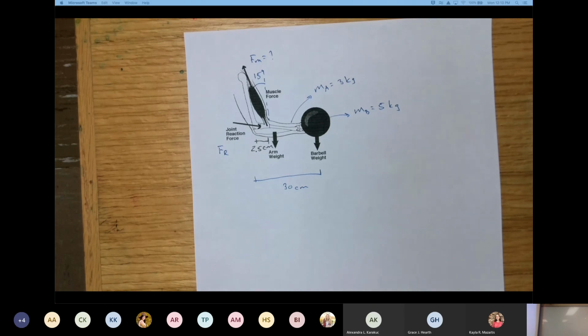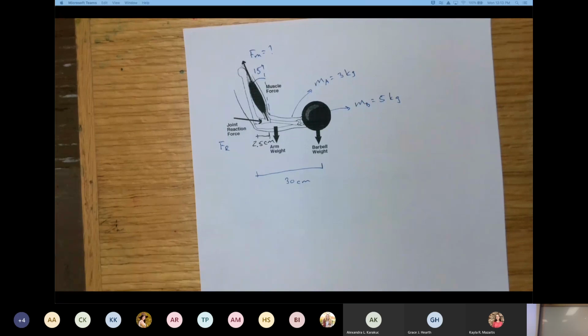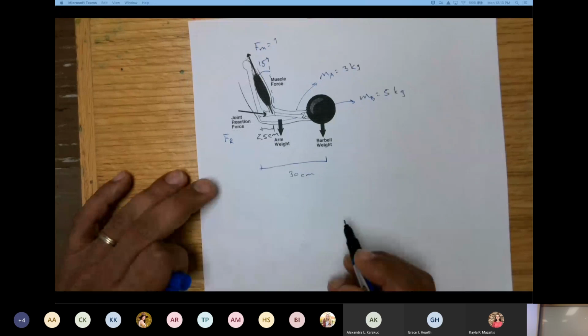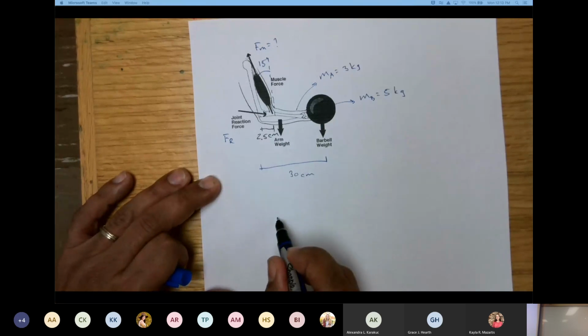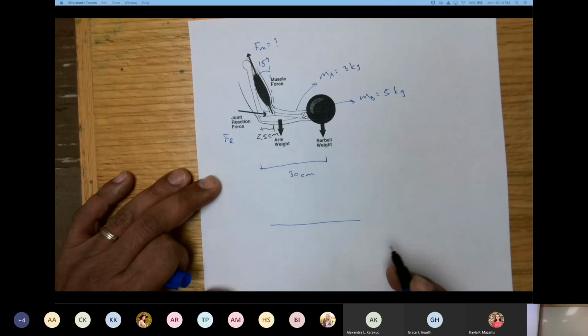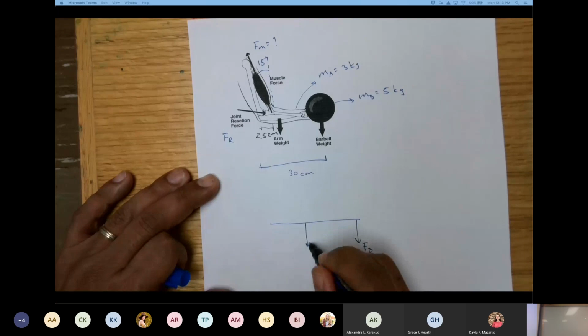Okay, so a couple of things. I'm gonna do the free body diagram, and I'm gonna look at all the forces that I have. So I'm gonna have the force of the barbell here. I'm gonna have the weight of the arm.